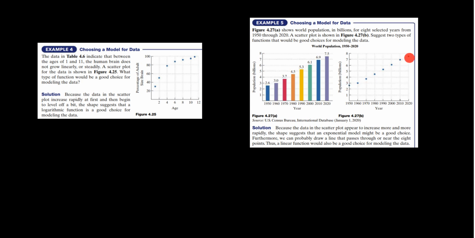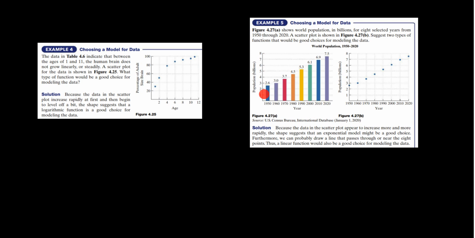Now, it kind of is, but a nice straight line would have the same slope. Let's actually look at the numbers here. From 1950 to 1960, we go up 4/10. From 1960 to 1970, we go up 7/10. If it was linear, we'd be going up 4/10 all the way up. But we don't see that. We actually see that it's growing a little bit differently.